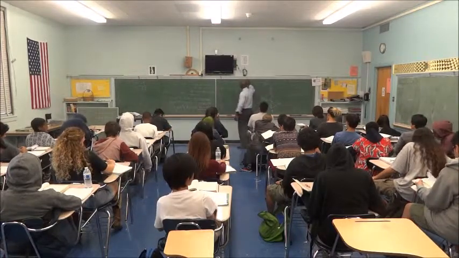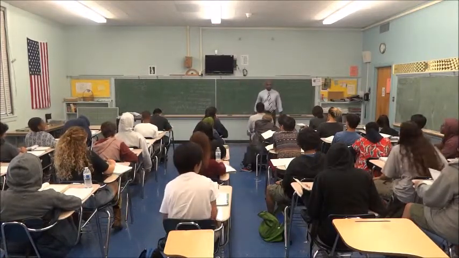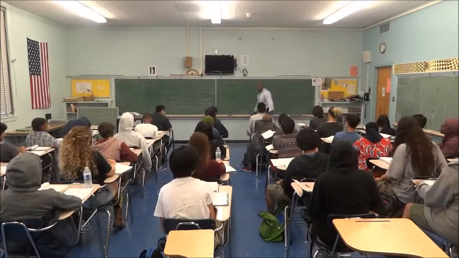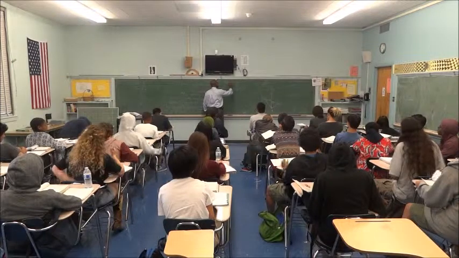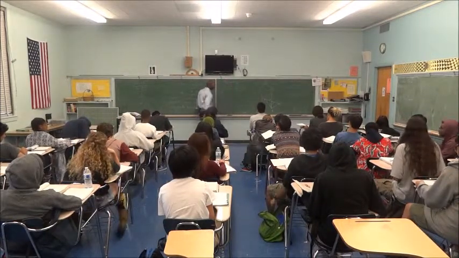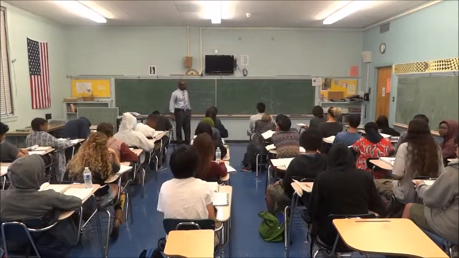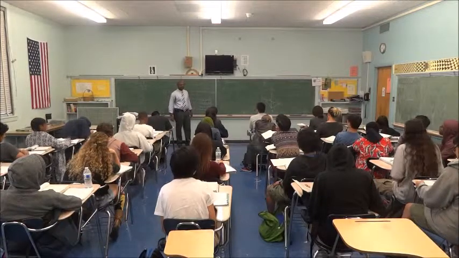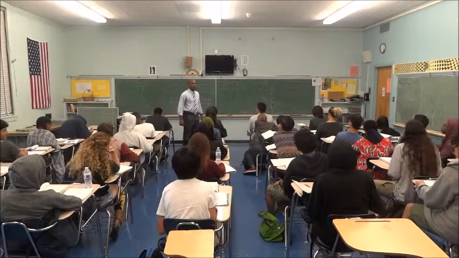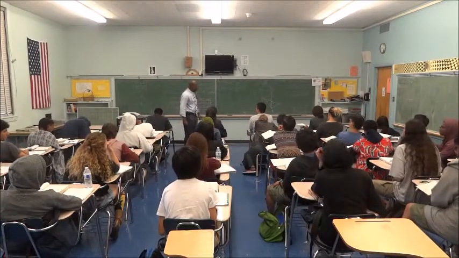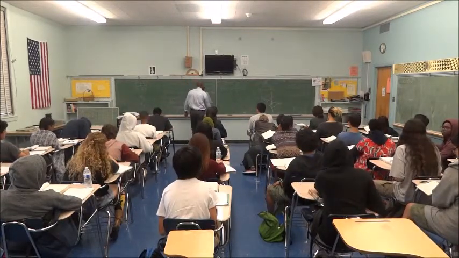Excellent. Who's got a value for this? It's what? 115. How'd you get that? Okay, and how do you know that? Because same side angles. Same side, one way you look at it.